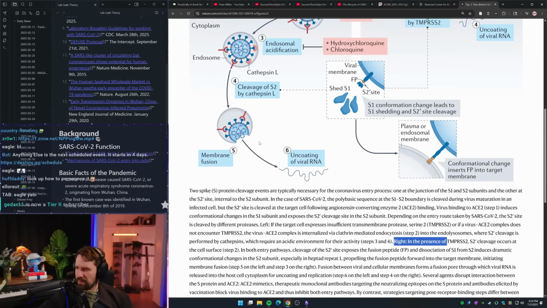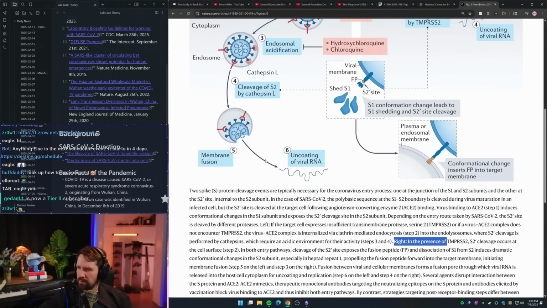Okay, so on the left, it depends on the entry route taken by SARS-CoV-2.